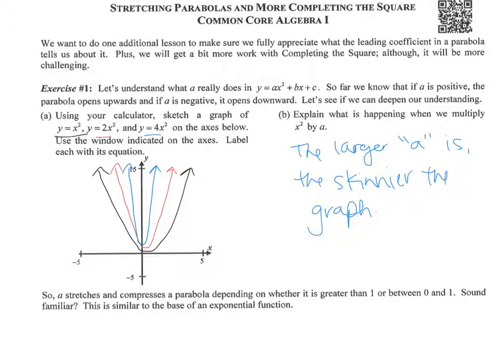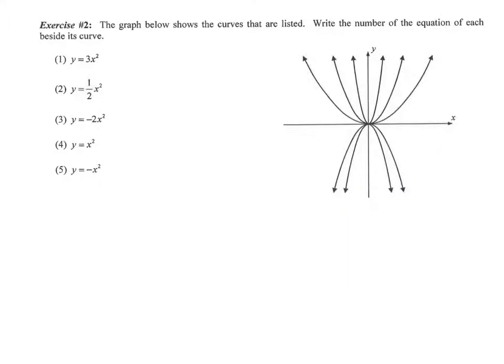So a stretches and compresses a parabola depending on whether it is greater than 1 or between 0 and 1. Sound familiar? Well, this is similar to the base of an exponential function. So the graph below shows the curves that are listed. Write the number of the equation of each beside its curve.